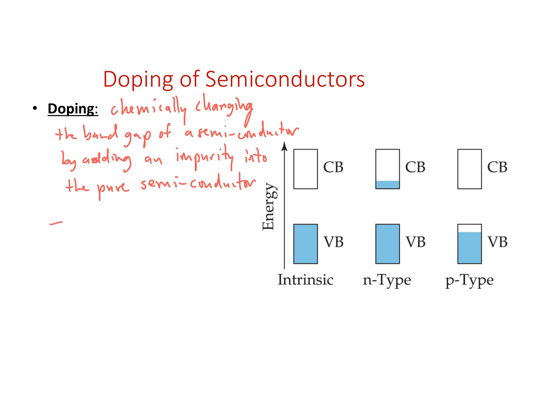So where we're going to start is our intrinsic semiconductor. And our intrinsic semiconductor is the undoped state, the initial, undoped semiconductor.